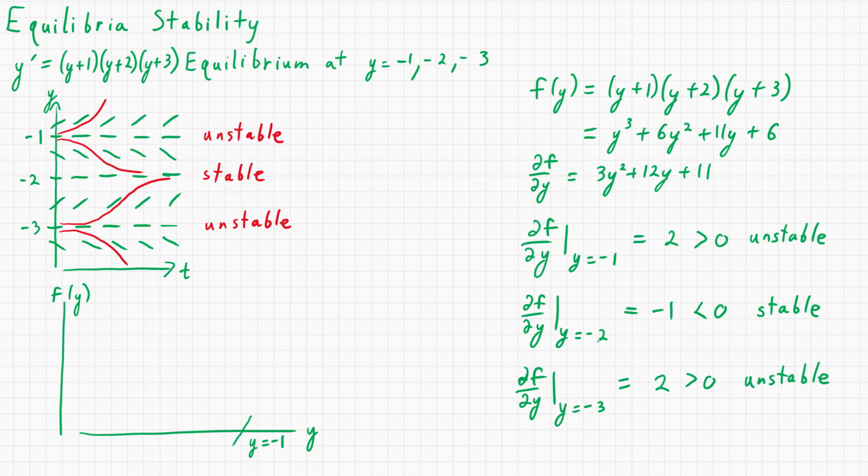At y equal to -2, the partial f partial y is negative, so it has to pass through something like that at y equals -2, and then again it's positive at y equals -3, so that means it has to have a positive slope there. That'll be y equals -3, and then we can connect the lines together to make them work.